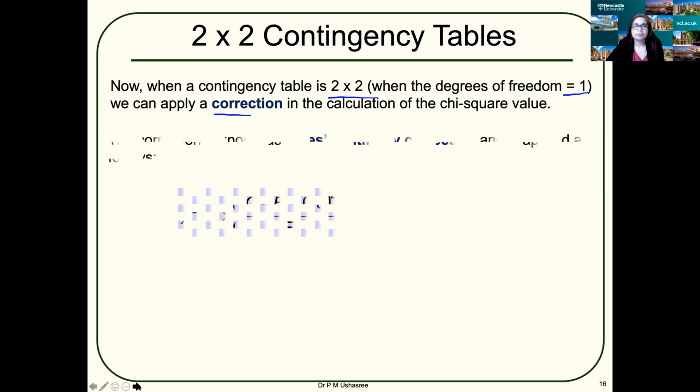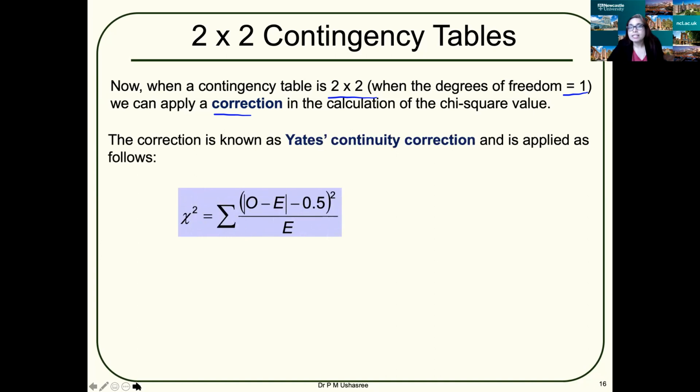The correction is known as Yates's continuity correction and is applied as follows. Instead of having just observed frequency minus expected frequency, whole squared, in the numerator, we subtract 0.5.